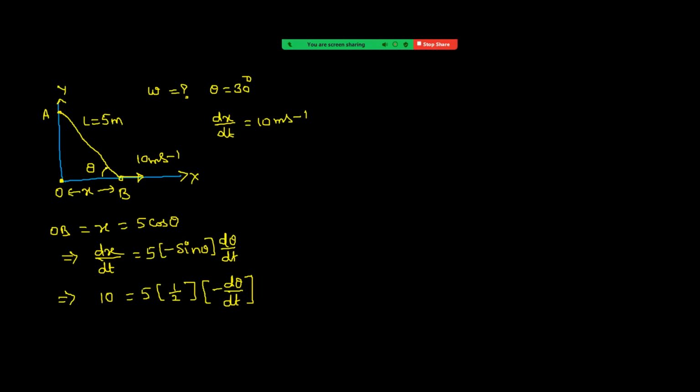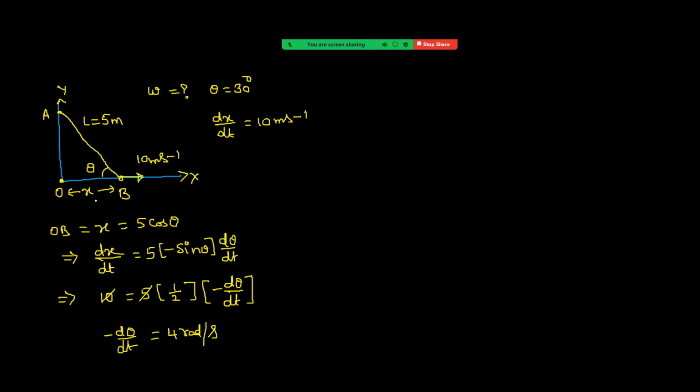That means d theta by dt will be negative, and negative of negative will be positive. So 5 times 1 by 2, and 10 divided by that gives 4. Let me cross check: 5 and 10, 2 times 2 is 4. So minus d theta by dt is 4 radian per second.